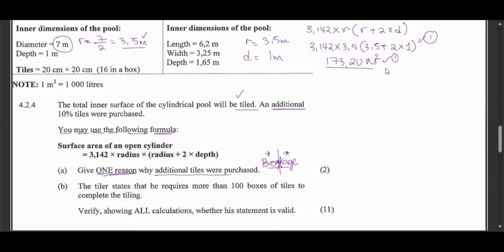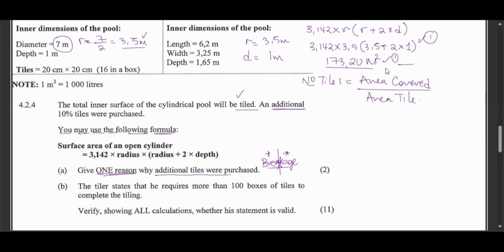How are we going to know about the boxes? We need to know the number of tiles. How do we get the number of tiles? Number of tiles will equal the area to be covered divided by the area of only one tile.